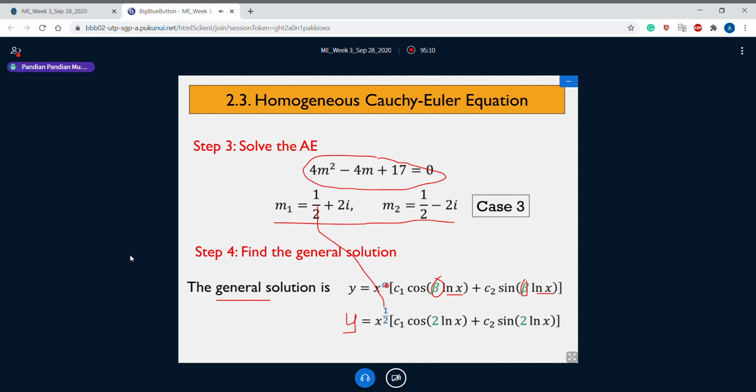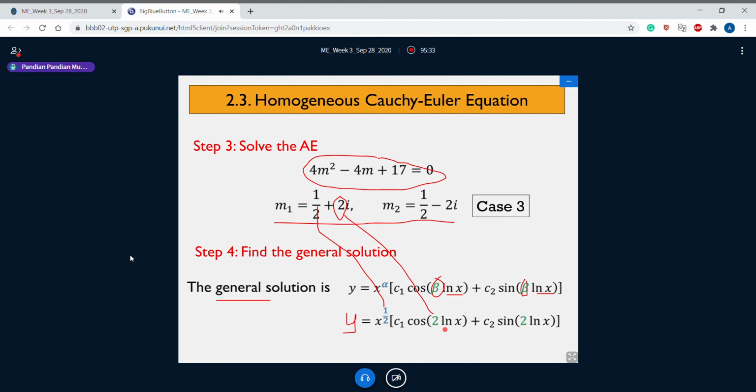But the problem is the alpha. y equals x power alpha, alpha is half. C1 cos beta, beta is 2 here. So you take these 2 and plug inside here. That means C1 cos 2 ln x. This is your y1.